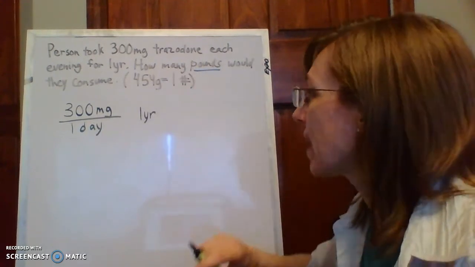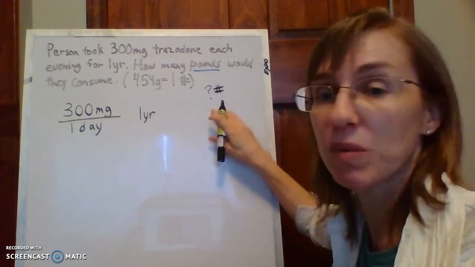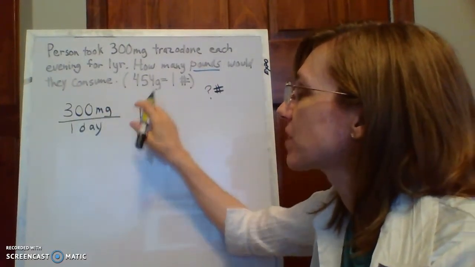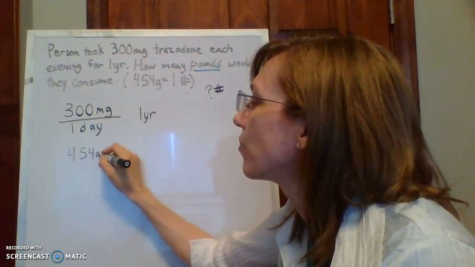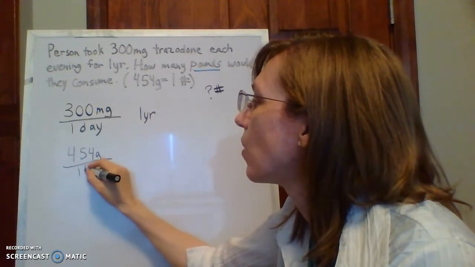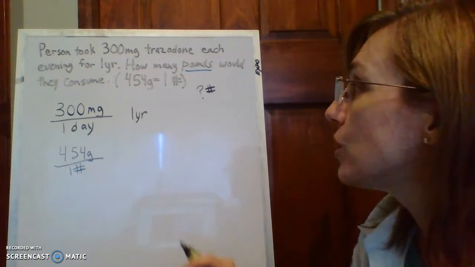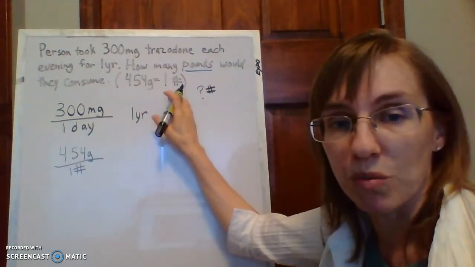It asks how many pounds, so I'm going to write down how many pounds, that's what we're looking for, would they consume, and then we're given this conversion factor. 454 grams are in 1 pound. Okay. So now we've pulled out all the information from this particular word problem.